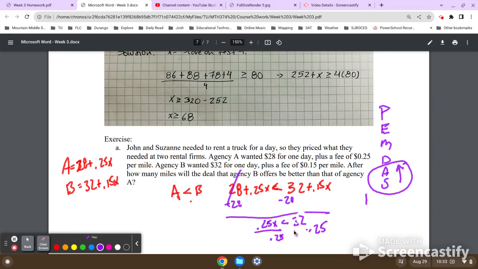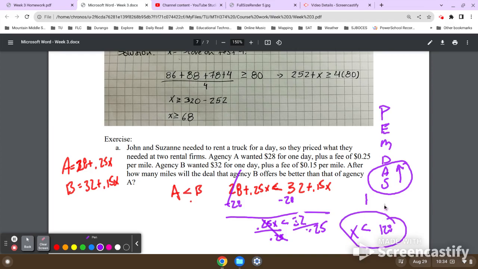So I got a little bit sloppy there. Those cancel. I get x is equal to, and I'm sorry, not equal to, excuse me. X is less than, and I take 32 and divide it by 0.25, and I come out with 128.